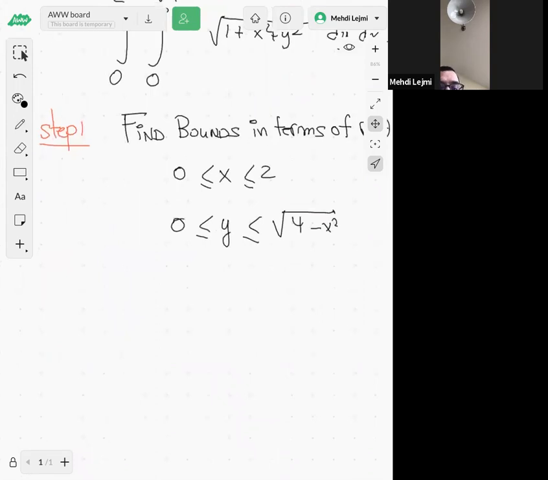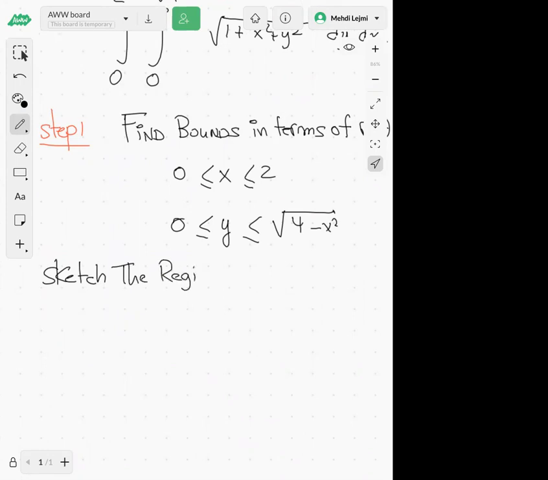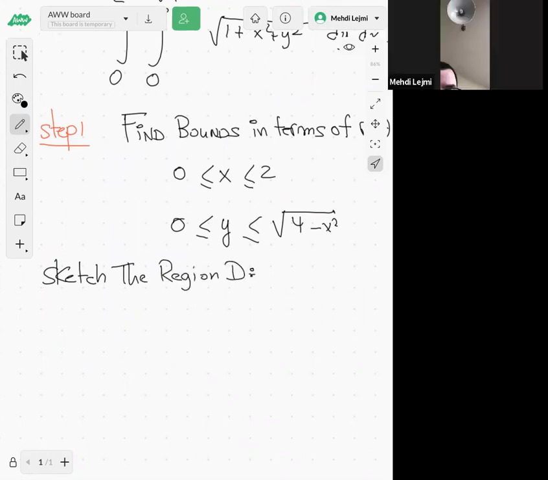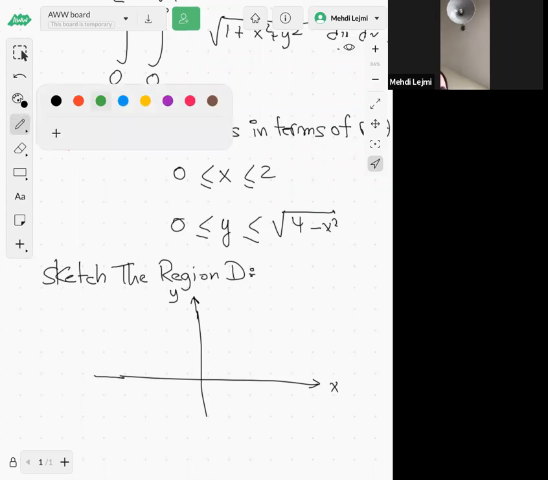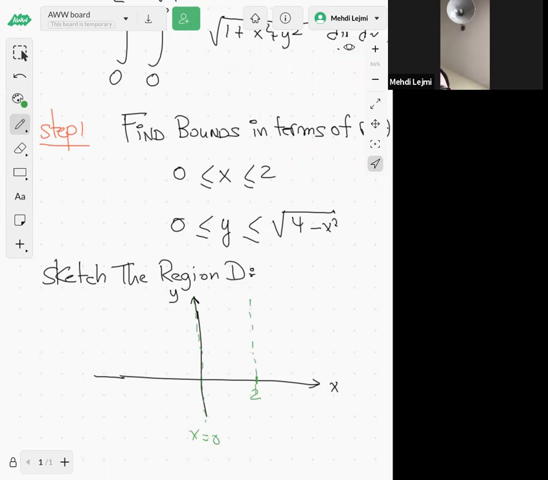Let me sketch it for you. This is my x, y axis. We are saying x is between 0 and 2, so this is x equal to 0, and this is x equal to 2.